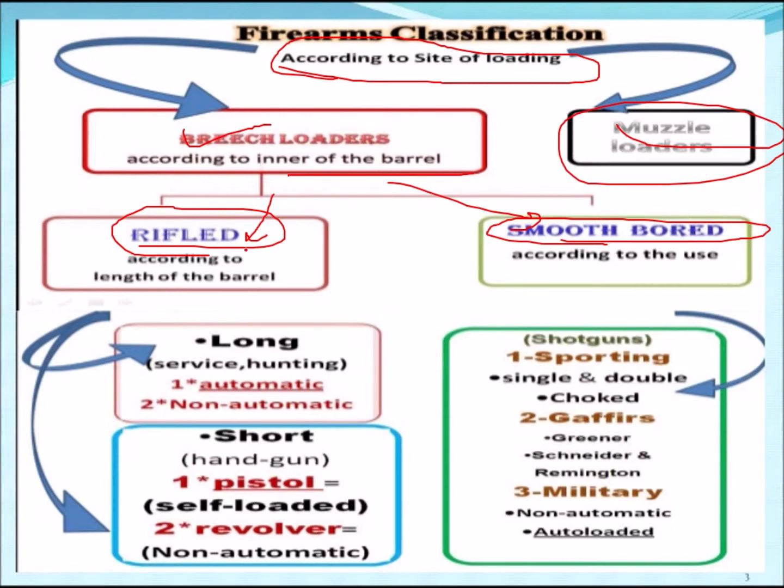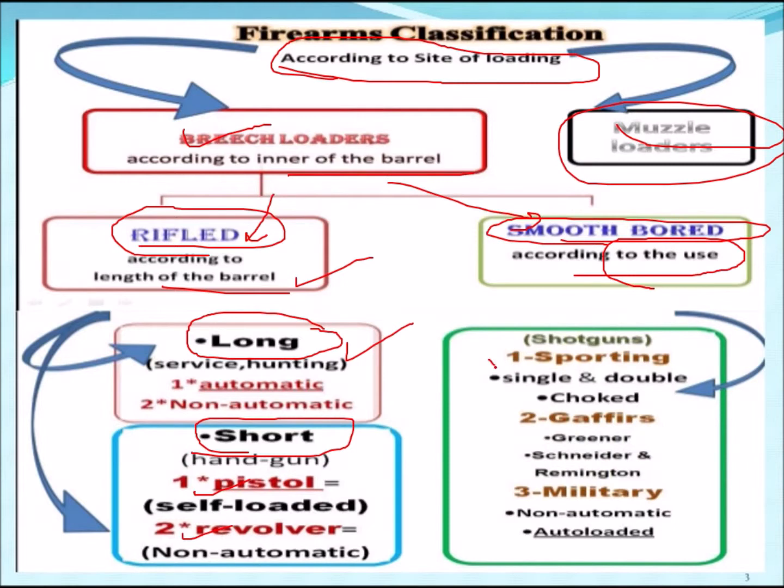Rifled weapons are further divided based on the length of the barrel: long barreled firearms, and short barreled ones, which are handguns like pistols and revolvers. Smooth bore firearms are further divided based on their use, whether in sporting, gaseous or military activities. So this is the simple classification of firearms. What rifling is, we will study in coming slides.